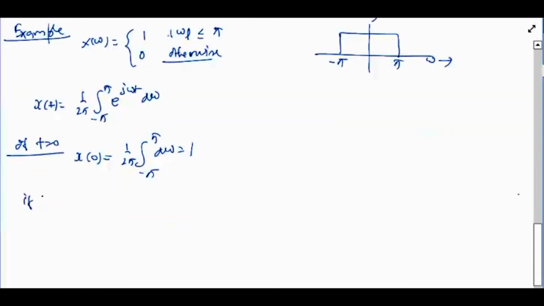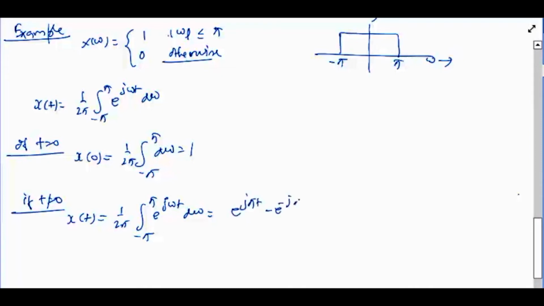If t is not equal to 0, then x(t) is 1 over 2 pi times the integral from minus pi to pi of e raised to j omega t d omega, which on simplifying becomes, first, we get e raised to j pi t minus e raised to minus j pi t divided by 2j pi t, which is nothing but sin pi t divided by pi t.